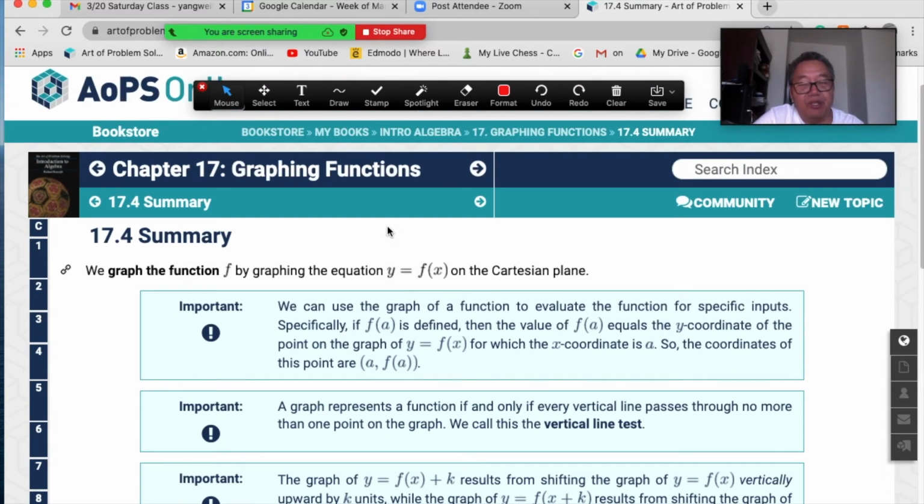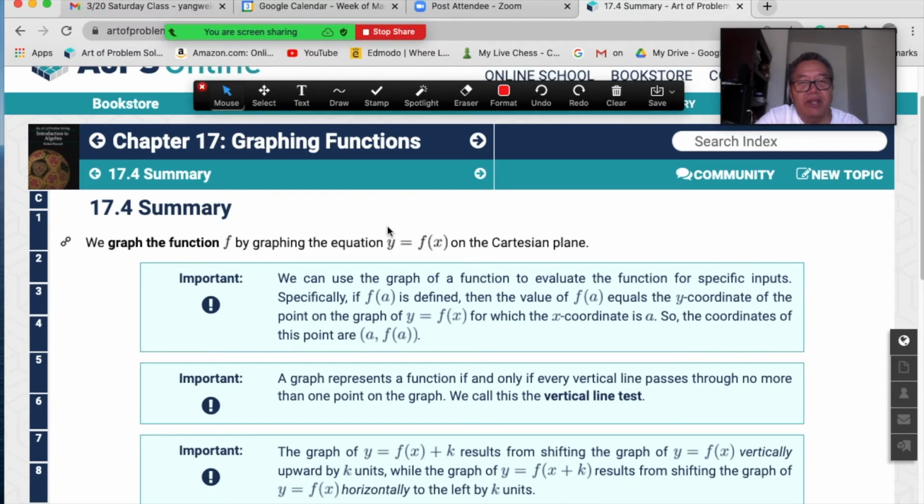In this chapter, we learned the graphing of functions, right? For graphing, the most important thing is to start from the very simple function. We call that the parent function. Then we start from there to do the transformations, like shifts in the horizontal direction, left side, right side, and vertical.